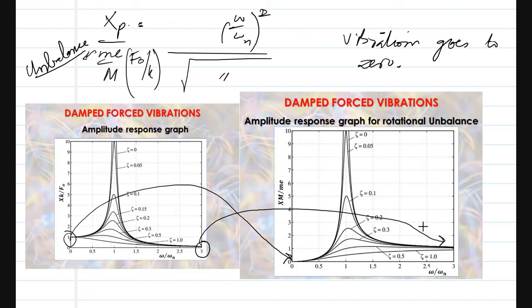When omega by omega n equals 1, the amplitude becomes very high, as you can see in both these graphs. The starting and ending points are different because of the above factor. In one case the numerator is 1, and in the other case it is omega by omega n, the frequency ratio. That's why the starting and ending points are different, but in between the response is exactly the same.